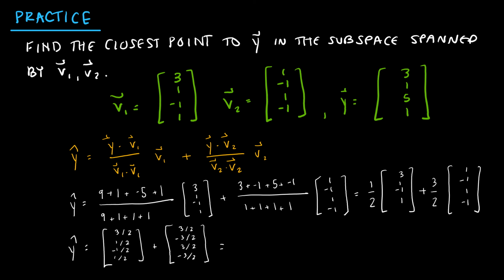And if I add correctly, I end up with 3 halves plus 3 halves, which is 3. 1 half plus negative 3 halves, which is negative 1. Negative 1 half plus 3 halves, which is positive 1. And 1 half plus negative 3 halves, which is negative 1. So the closest point to y in the subspace is this point, (3, negative 1, 1, negative 1).